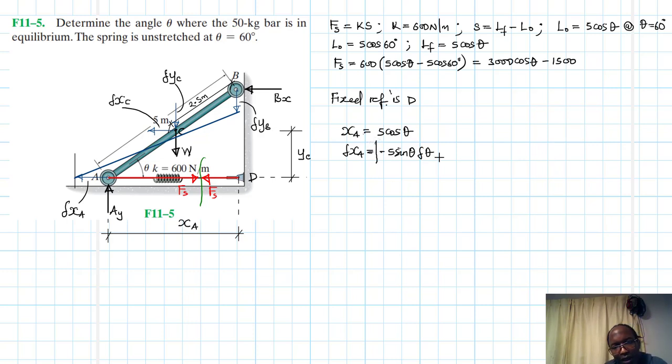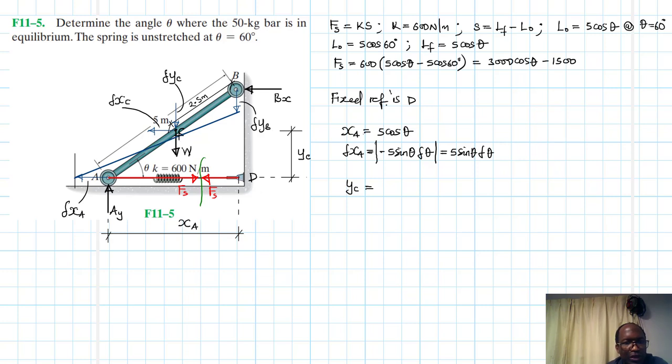Because the actual sign will be given in the final equation of virtual work, where the force and the displacement in the same direction is positive, in the opposite direction is negative. So this therefore just gives me 5 sine theta del theta. Then we have the other one, which is YC. YC is equal to, we are locating point C in the vertical direction.